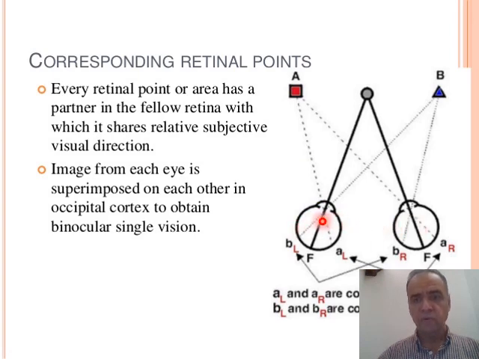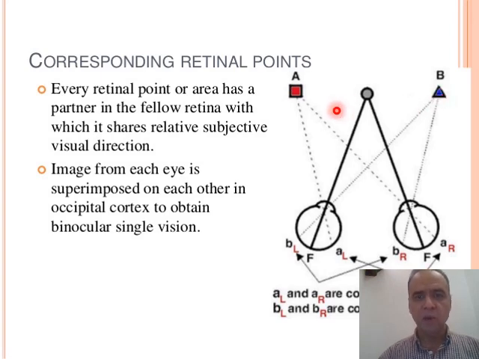Early in life, when both eyes are straight and there is no deviation, any object that stimulates both foveae is projected by the central nervous system as if it is located in the center of the visual field. Any object, like this triangle, that stimulates the temporal retina of the left eye and the nasal retina of the right eye is perceived by the central nervous system as located on the right side of the visual field.